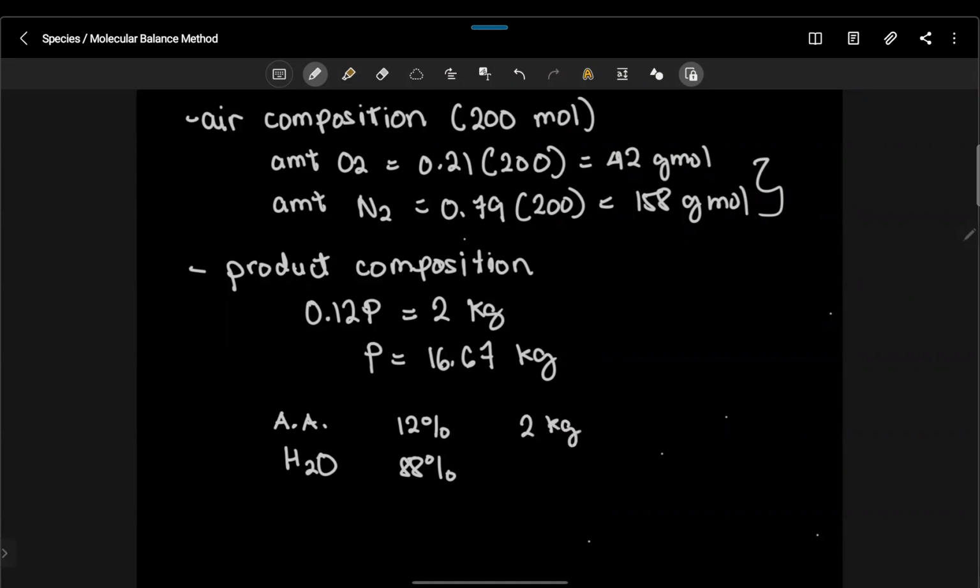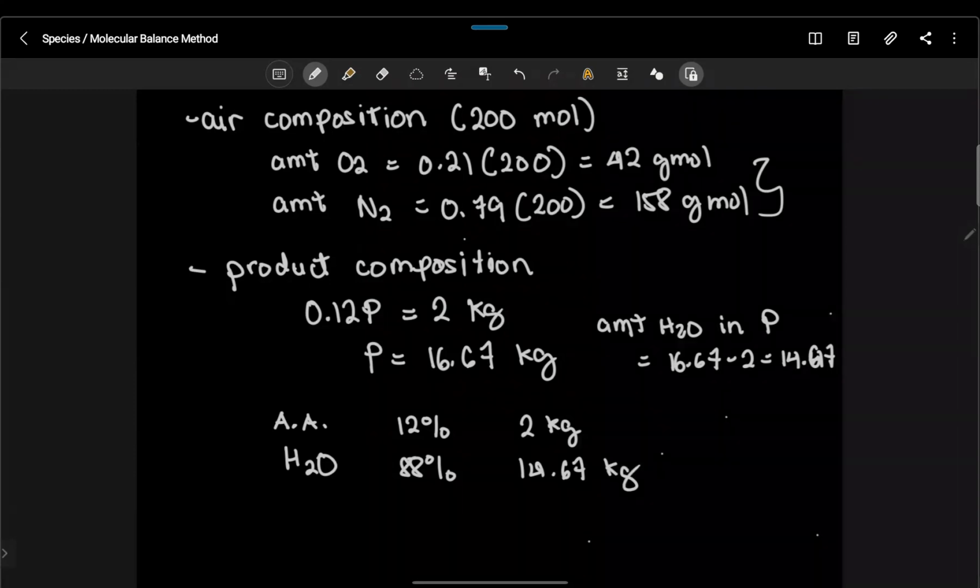So in terms of mass, 2 kg. Paano naman yung water? Okay, so therefore, amount of water in P is simply the difference, 16.67 minus 2 kg. So that will become 14.67 kg. Okay? Or pwede mong gawin 88% of 16.67 kilograms.